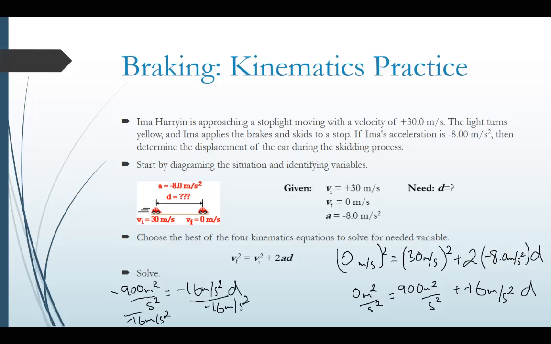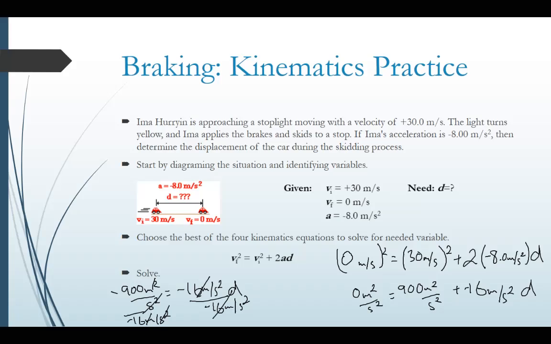And then we just simply have to do the math, because these are going to cancel out, leaving us with just d. This leaves us with, okay, we can try and cancel some units. Meters squared per second squared over meters per second squared, so we're going to be left with a distance in meters, which sounds perfect.